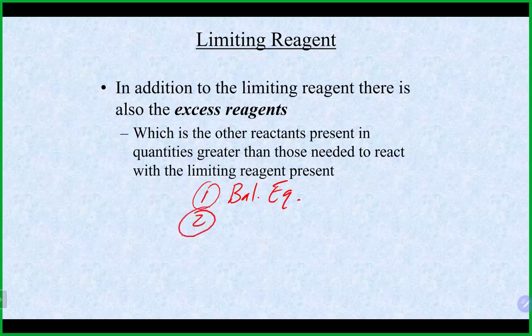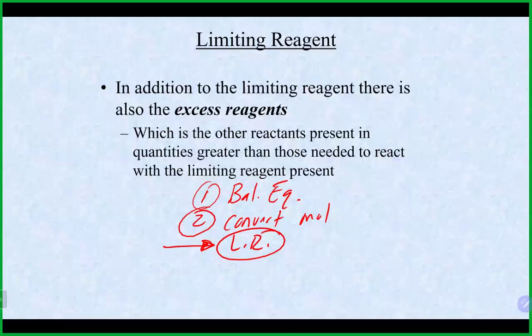The next thing you should do is convert what they give you into moles. And right about here in the method we're going to do here, we're going to do a calculation to figure out which reactant is the limiting reagent. Once we figure that out, we can then pretty much roll with our normal sort of stoichiometry problem.